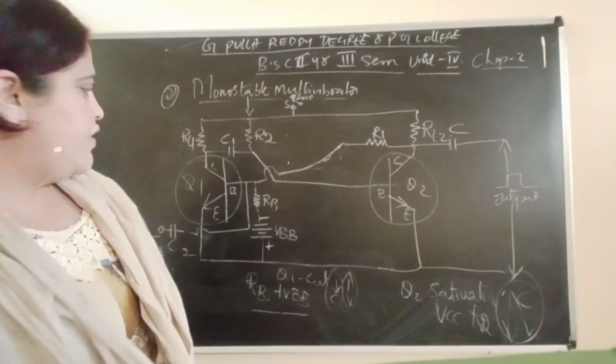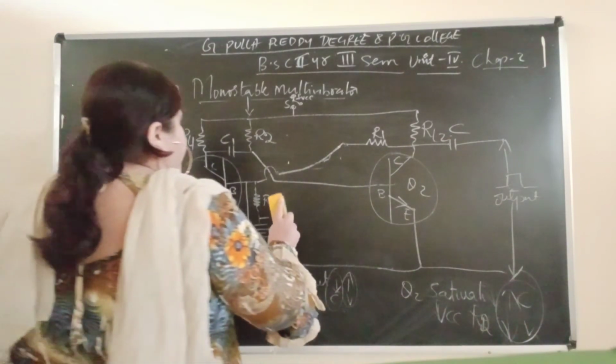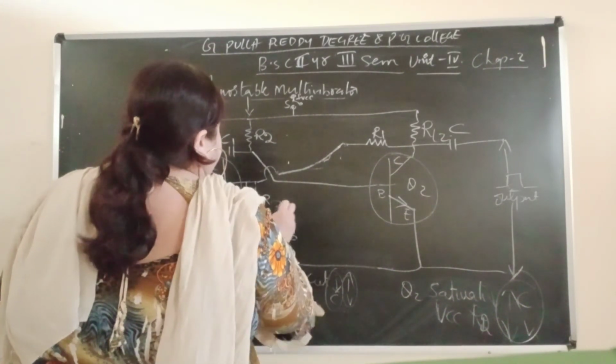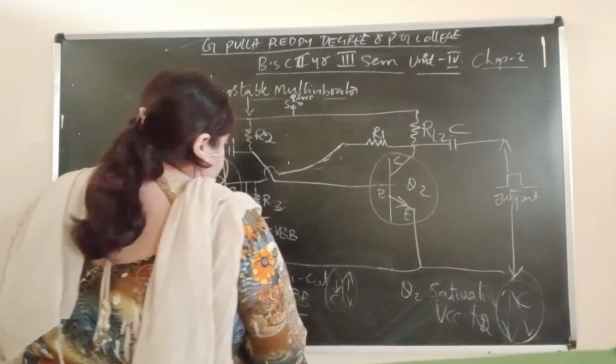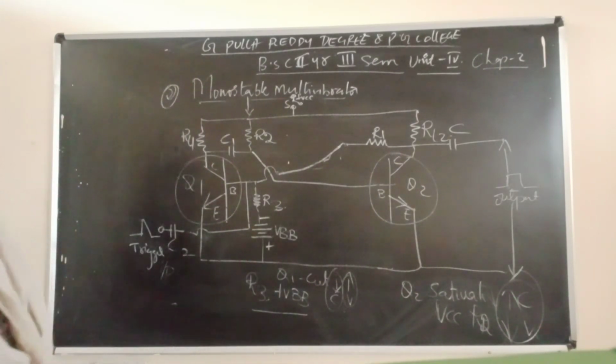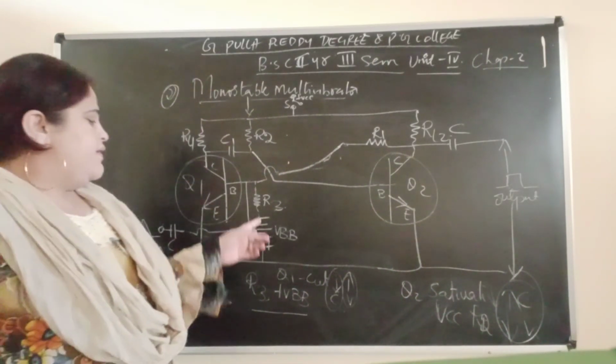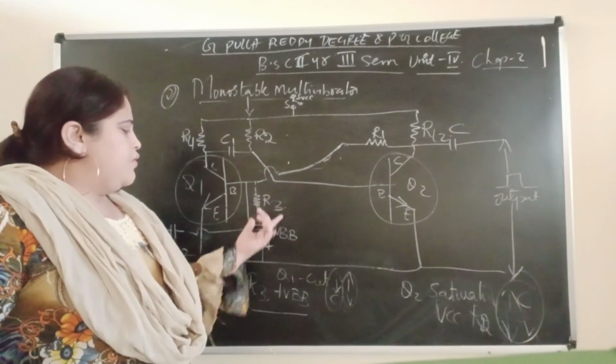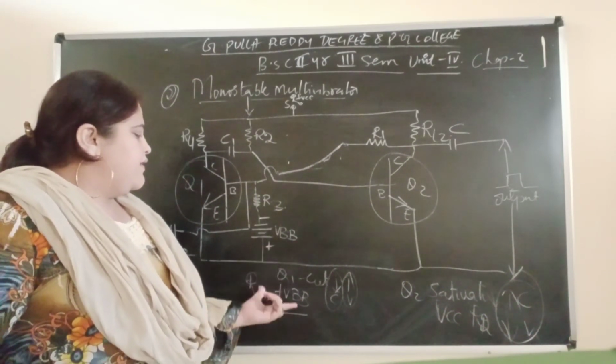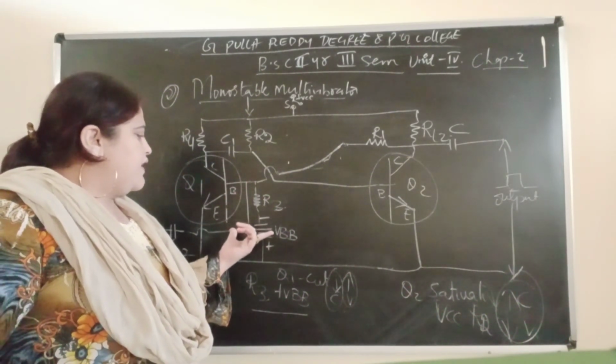Here instead of RB you can write R3, or RB also. I am writing R3. Resistor R3 and plus VBB will keep the transistor Q1 in cutoff.